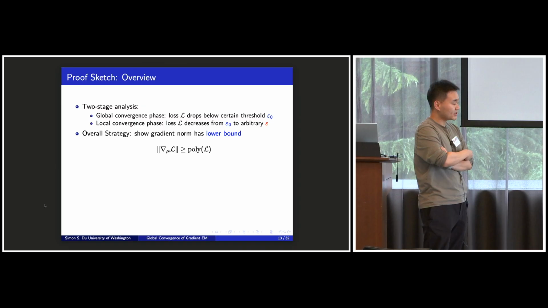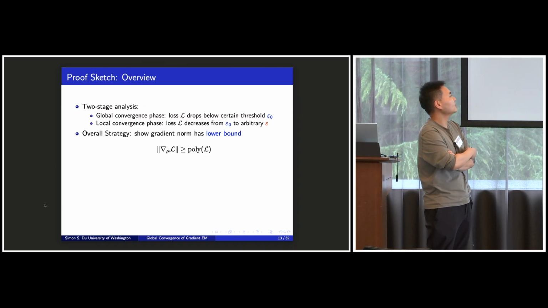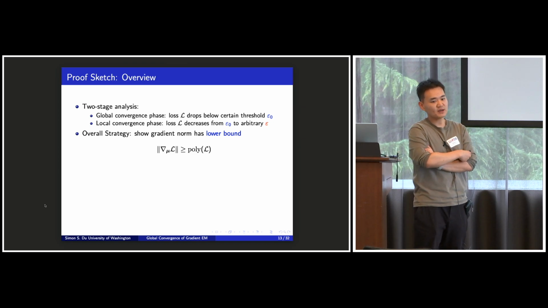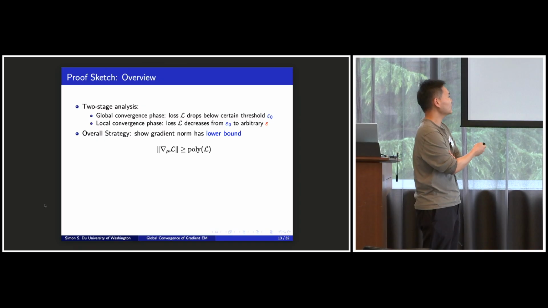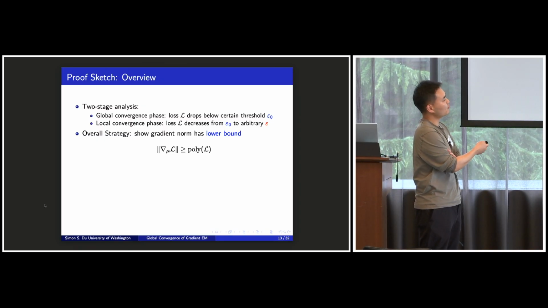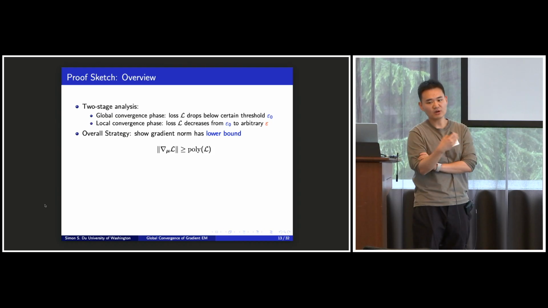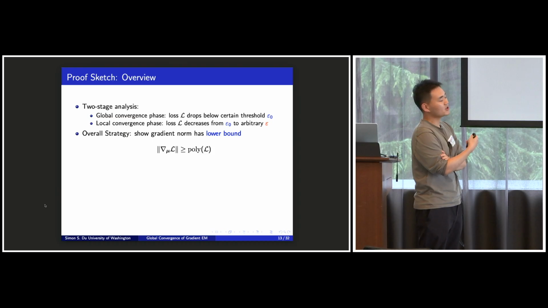The overall strategy is aligned with a recent line of work on non-convex optimization, which is to lower bound the gradient. So basically, this is a PL condition. If you have a gradient lower bounded by the loss, in some form like this, then you can show the global convergence. This is a standard PL condition, and then the convergence rate depends on this polynomial.